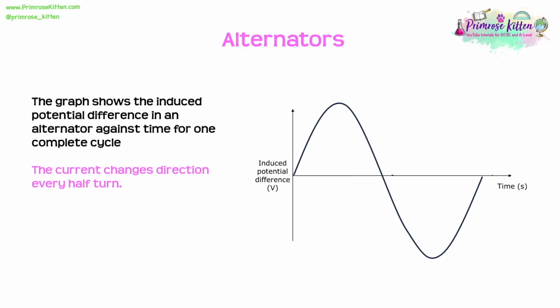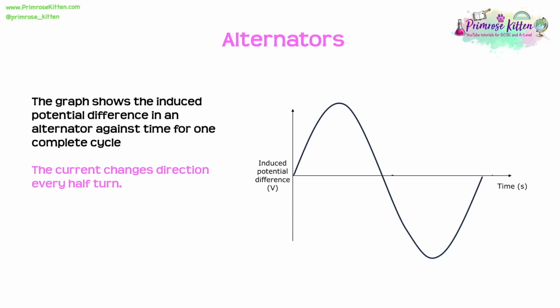Now this graph here shows the induced potential difference in an alternator against time for one complete cycle. You should be able to see here that the current and the potential difference change direction every half turn. You might be thinking, well, how does this tell us that?